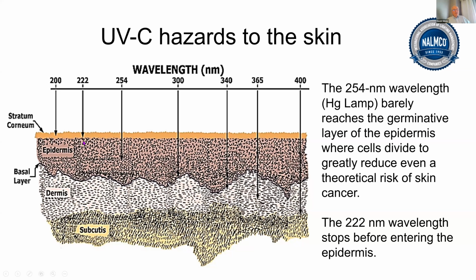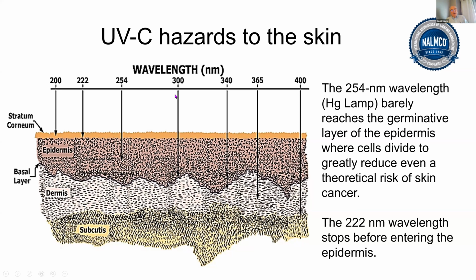Now, some wavelengths down around 200 or 222 barely penetrate the thin stratum corneum and are unable to significantly damage the surface cells of the epidermis which are about to die anyway. 254, though, penetrates a little bit more deeply, but generally not as far as the basal layer.